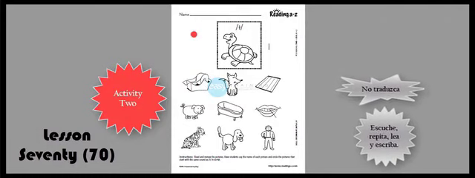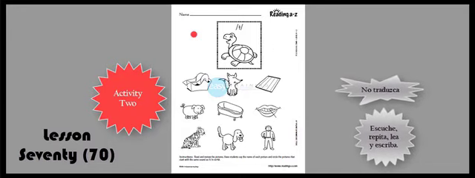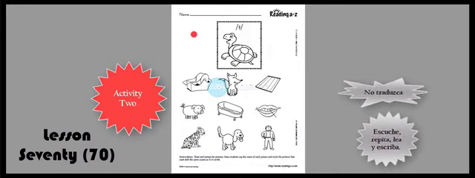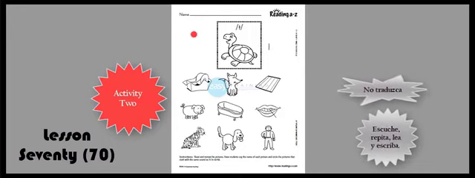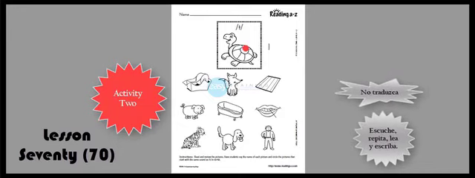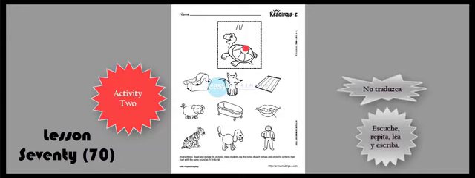Well, this is the last activity in the lesson. And there are some pictures, 10 pictures exactly. And the activity is about words beginning in the T sound, as in total. Total begins in T, in the T sound.